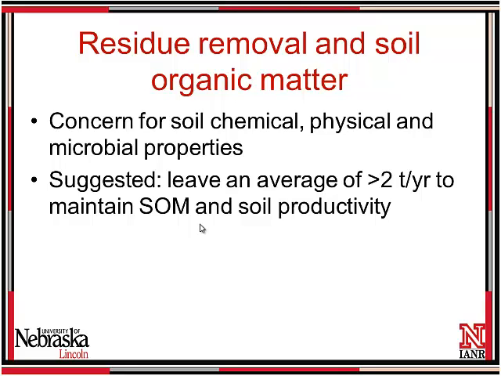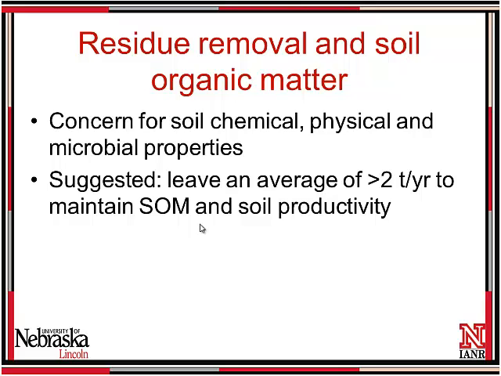It is something we have to be concerned about, the organic matter. We know it's important for soil chemical properties, cation exchange capacity, supply of nutrients, etc. It's important for soil physical properties, such as avoiding crusting, good water infiltration, good water holding capacity, and for microbial properties.